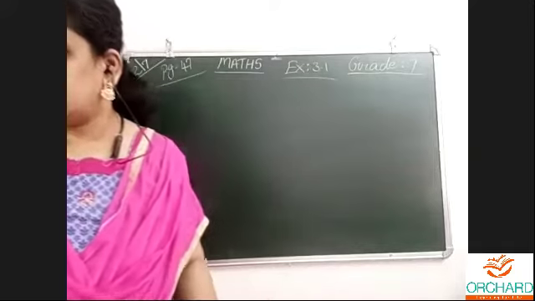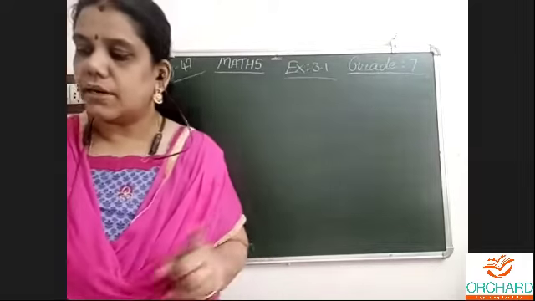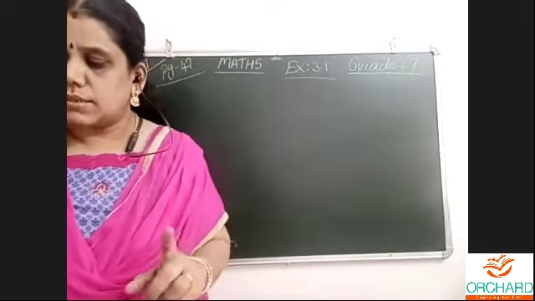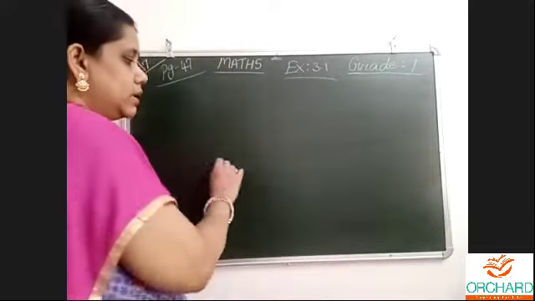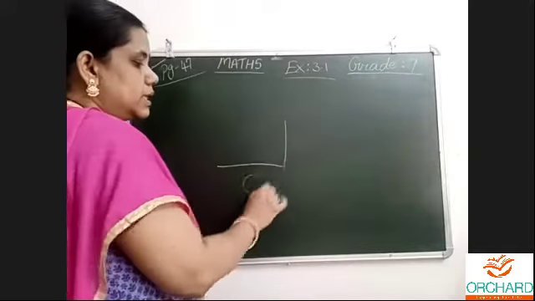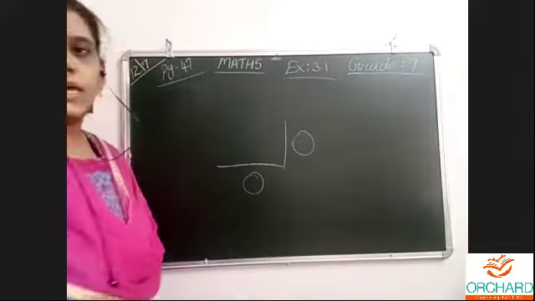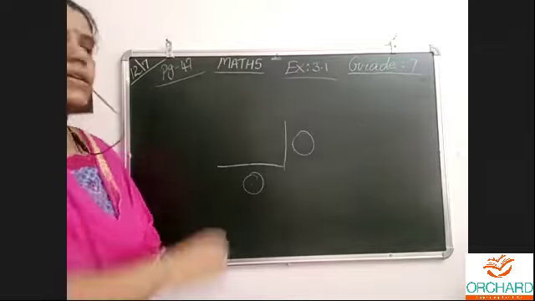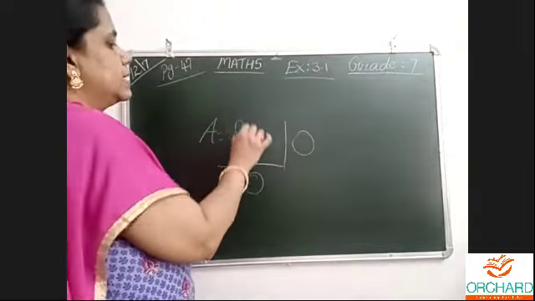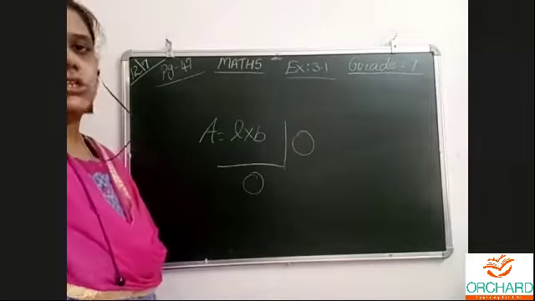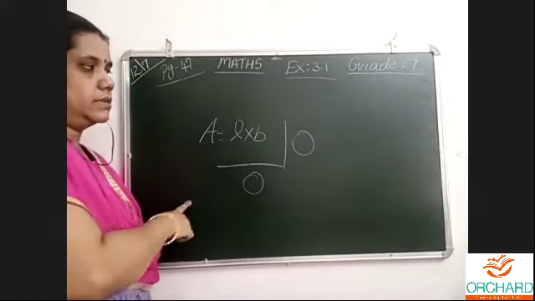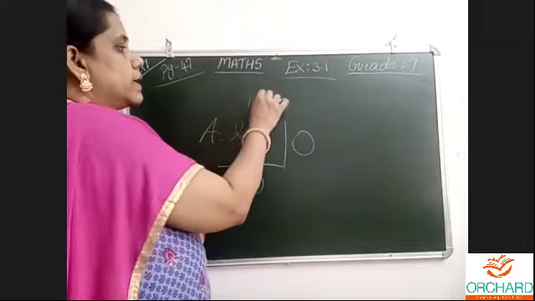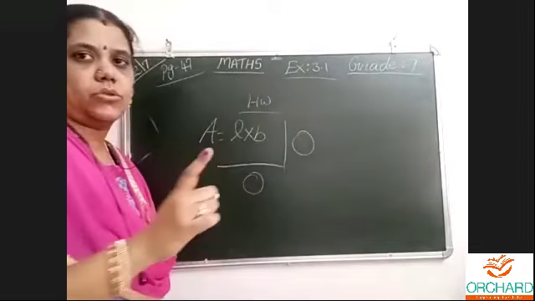Just you follow that. Max at work: find the area of the rectangle given below. Question number 7. Length is given, breadth is given. Area is asked. Area of the rectangle, L into B. That's all. Homework sum it is. When it comes in your schedule, that day you do.